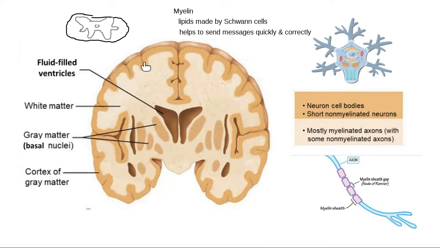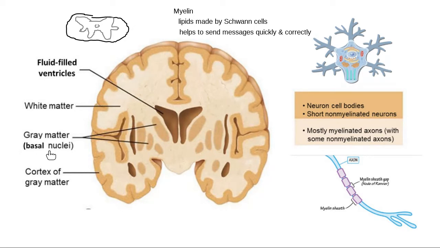But here's one other thing that I want you to underline, highlight, star. These things right here, called the basal nuclei. The basal nuclei. These are groups of gray matter that's found in the very middle of the cerebrum.